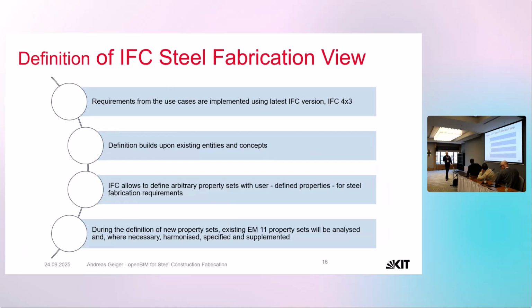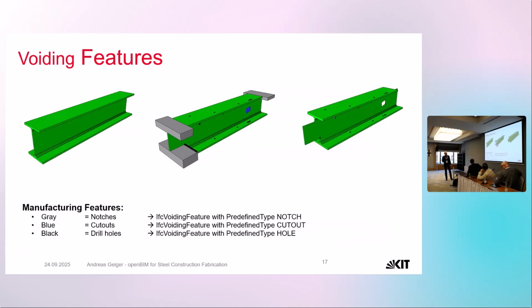So we have defined some extra property sets. We will see some of them, and everything is based and harmonized with the existing definition from EM11. So what have we done now? Really main focus on DSTV to the machinery.